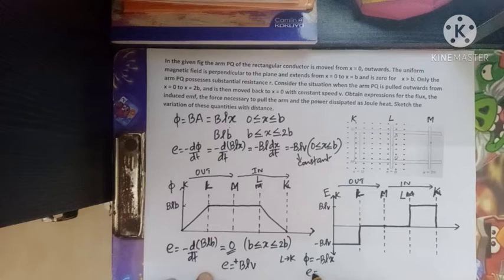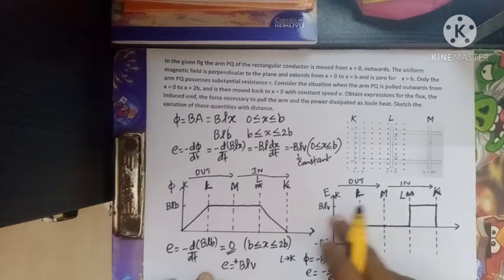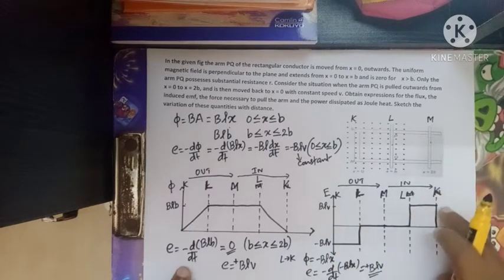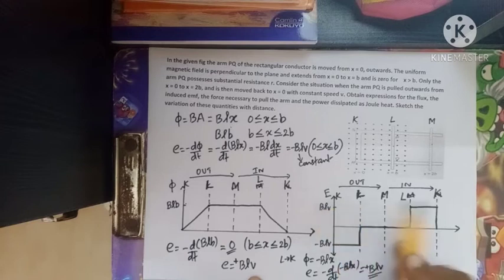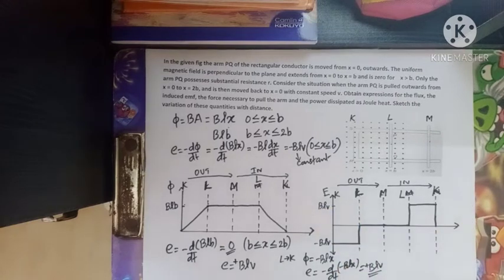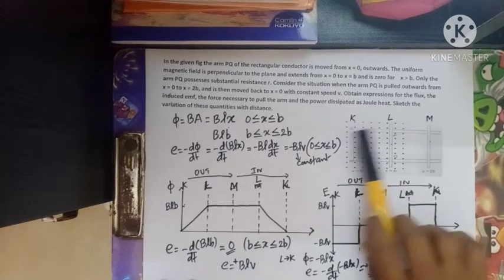E is equal to minus d by dt of minus BLX. When you differentiate as we have done here, we get EMF plus BLV. So for the inward journey from L to K, the induced EMF is a positive value, plus BLV.